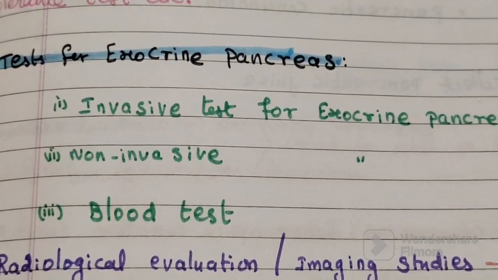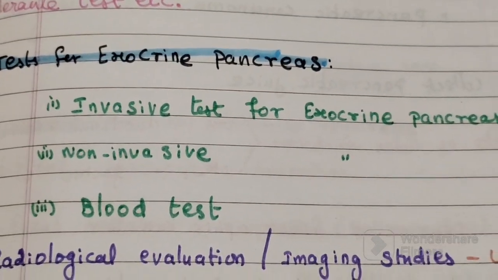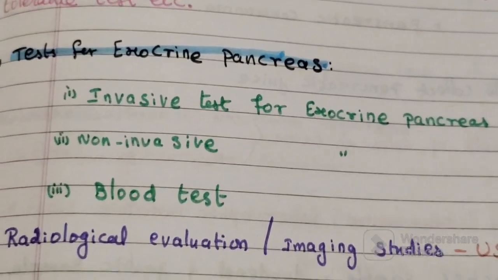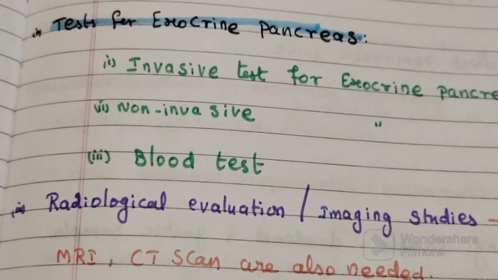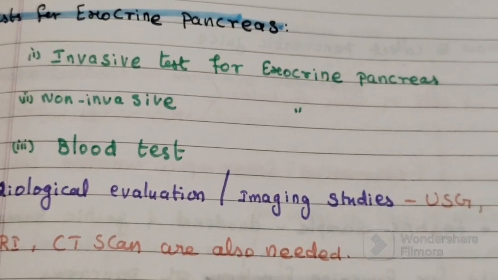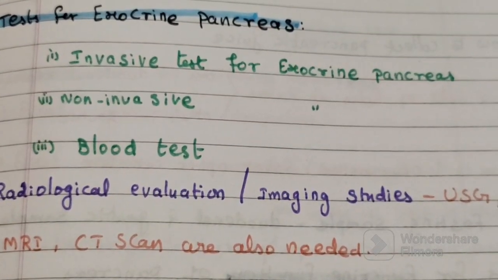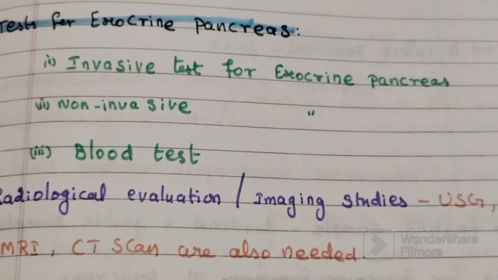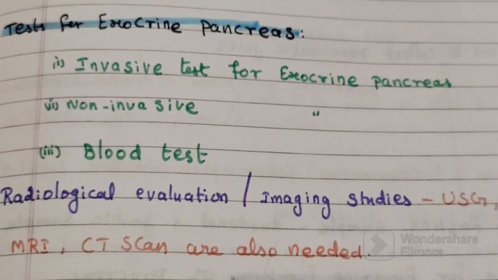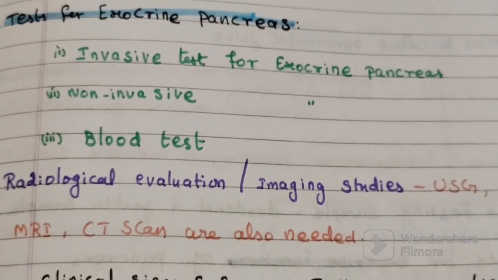This is again of three types: invasive tests, non-invasive tests, and blood tests. Largely, radiological evaluation or imaging studies like USG, MRI scan and CT scan are also needed for the assessment of pancreatic function.